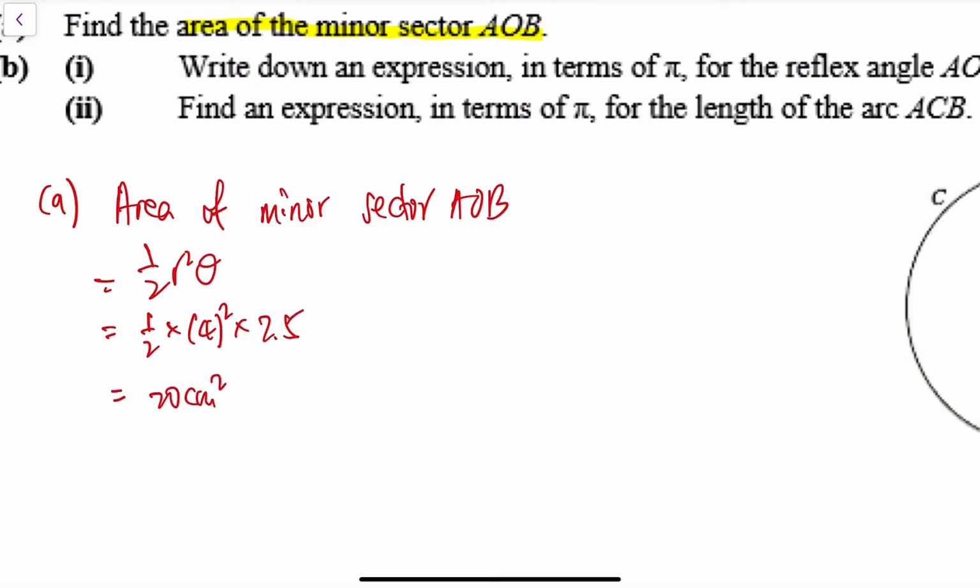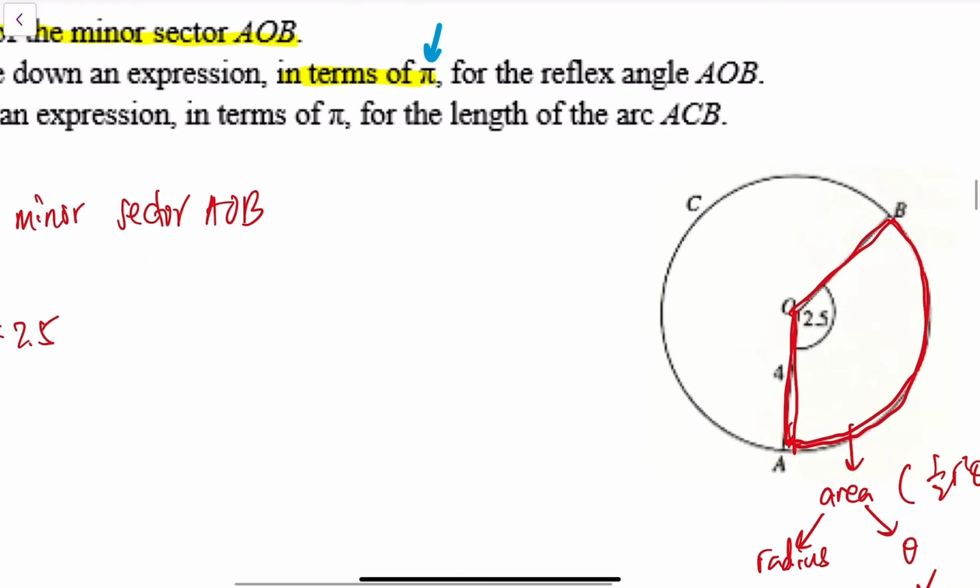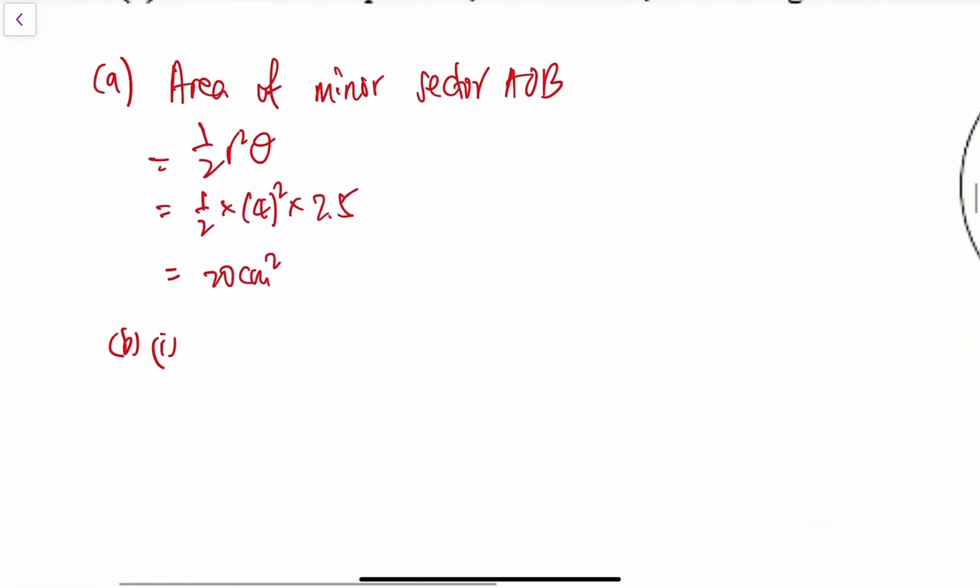You get an exact number here because if you look at the calculation, there is no pi involved. Now for part b, part 1, they want you to write down in terms of pi. Can you highlight this? In the previous test, many of you missed it out. So in terms of pi, for the reflex angle of AOB, don't find the wrong thing.